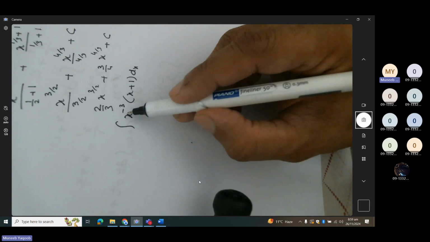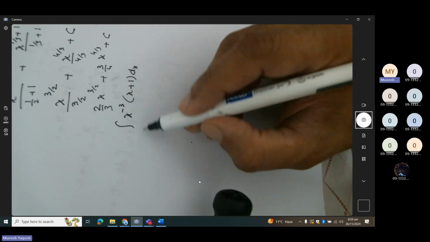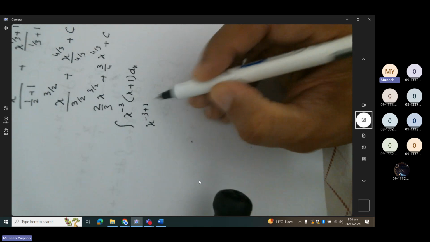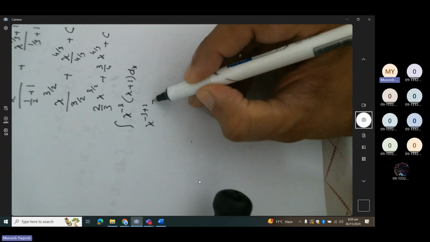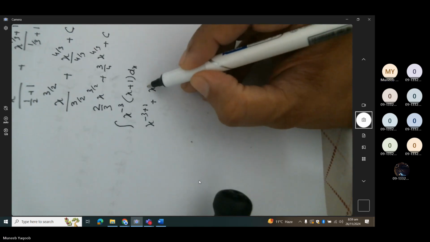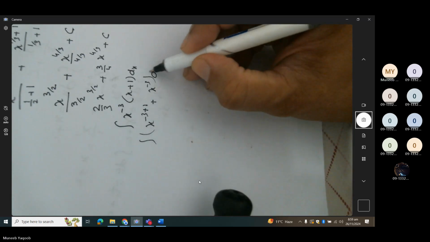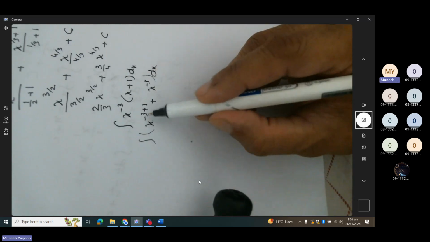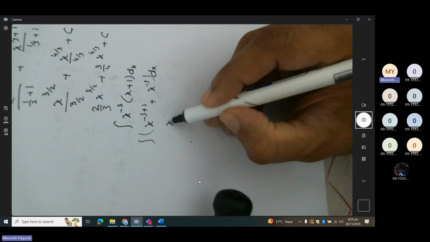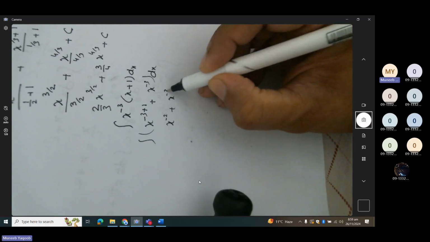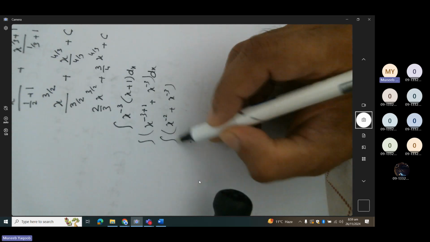So x power minus 3 into x power 1 would be x power minus 3 plus 1. Similarly, x power minus 3 into 1 is x power minus 3 dx. Now x power minus 3 plus 1 is x power minus 2 plus x power minus 3 dx.